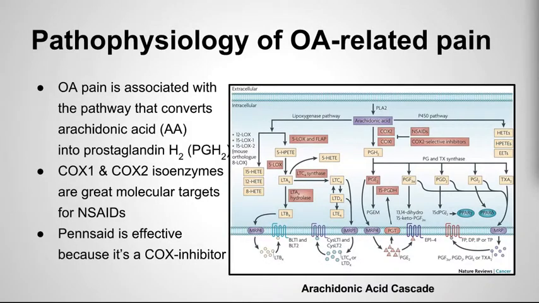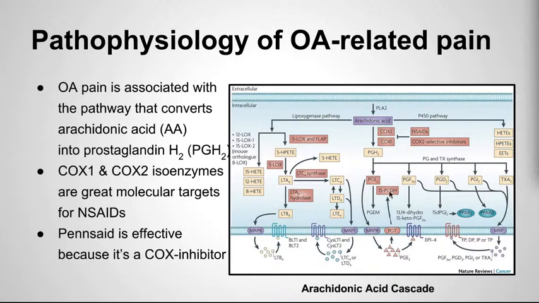So now that you know a bit of how osteoarthritic pain happens, we're going to jump into the pathophysiology of the osteoarthritis-related pain. And so specifically, you have this pathway here called the arachidonic acid cascade. And basically what that means is you have a molecule here that's embedded in the cell membrane.